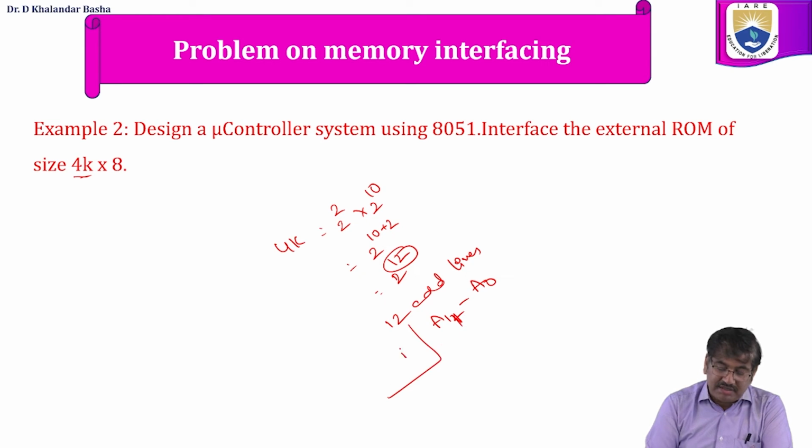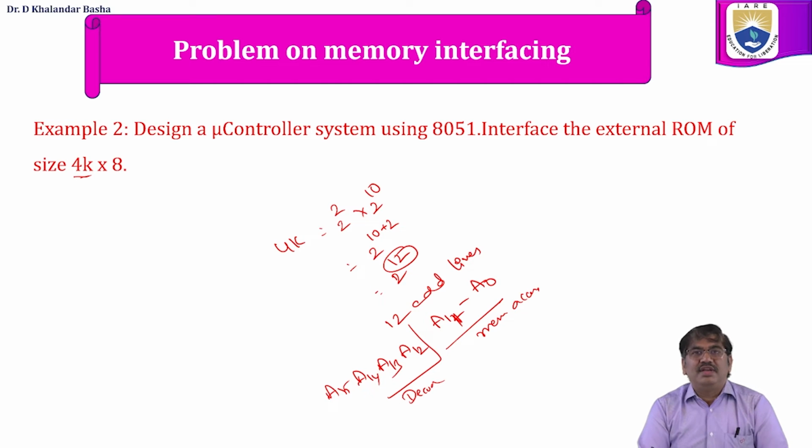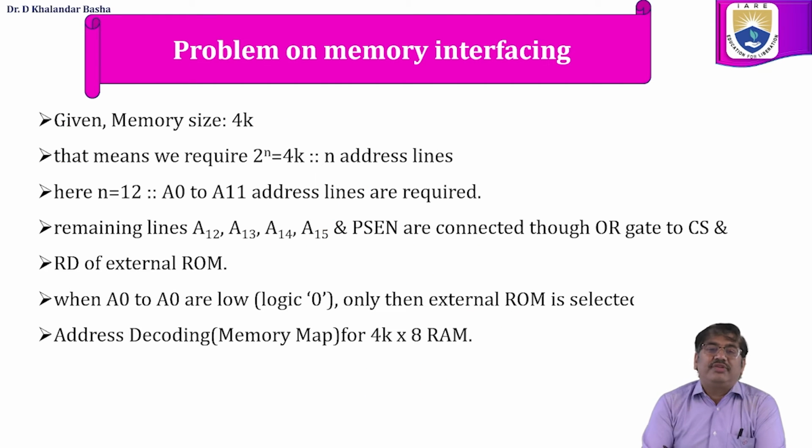The upper address lines, that is A12, A13, A14 and A15, are used for decoding purposes. A0 to A11 are for memory access, since 4K locations is 2 to the power of 12, so 12 address lines are required.